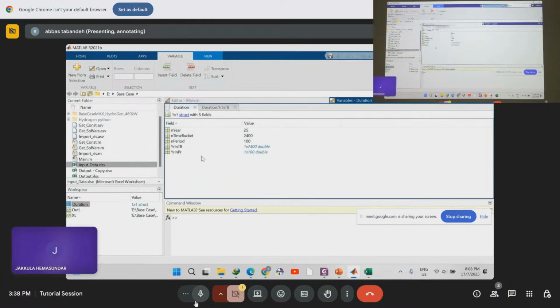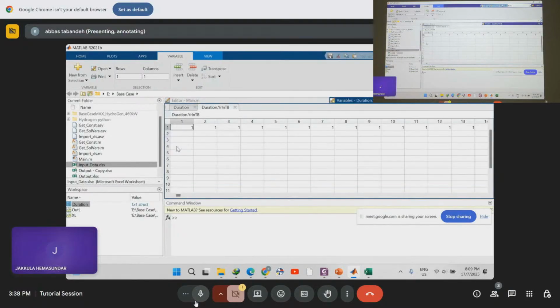Here I wanted to show the year in time bucket that we have defined. As you can see, it includes one row and 2,400 columns, and each column corresponds to a year.